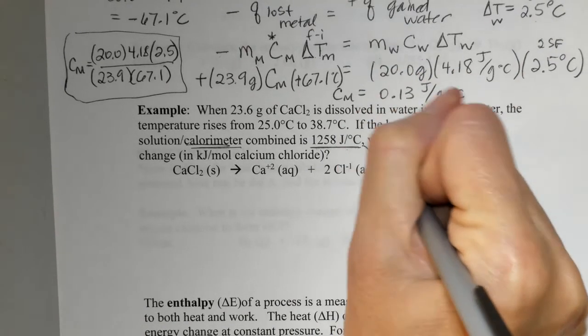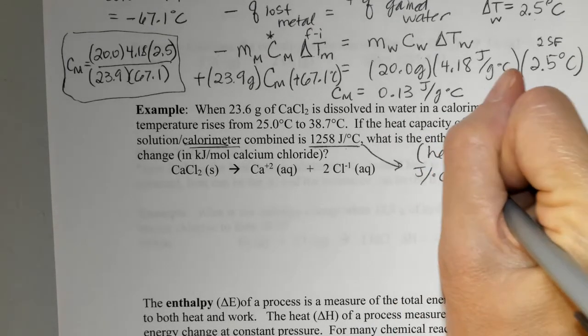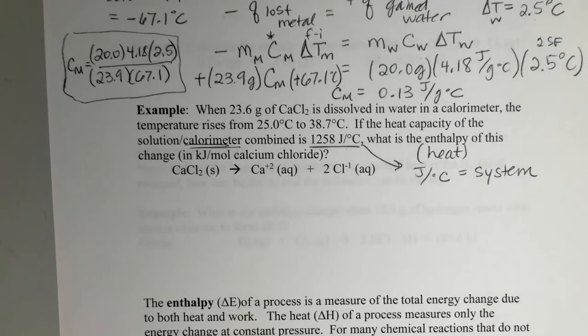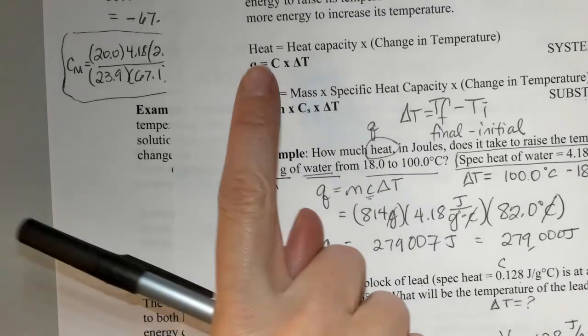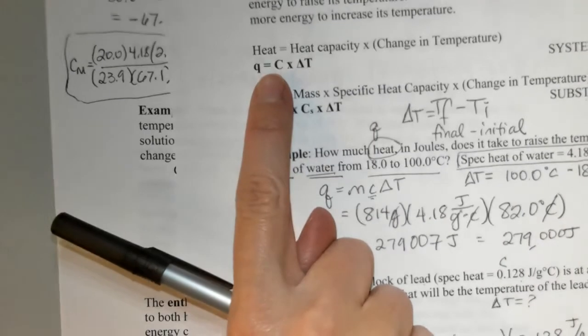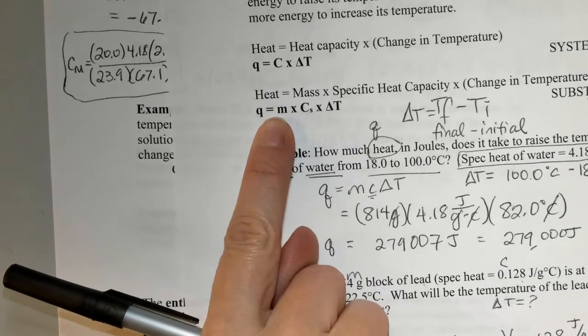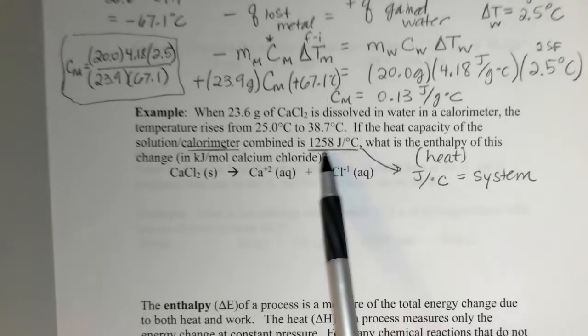So when you see the units of joule per degree Celsius, then you know it's a system heat capacity, and if you're looking at those two formulas again, we're only looking at these two. The heat capacity times the change in temperature will get you to Q. Mass is not included in the units, so that's why we don't have the mass of the calorimeter.